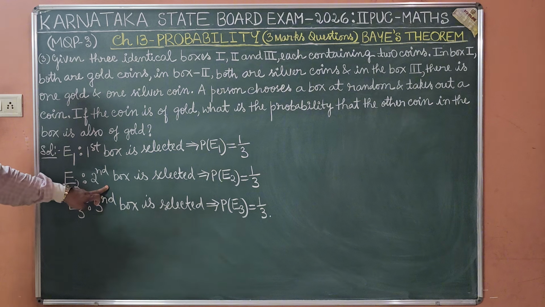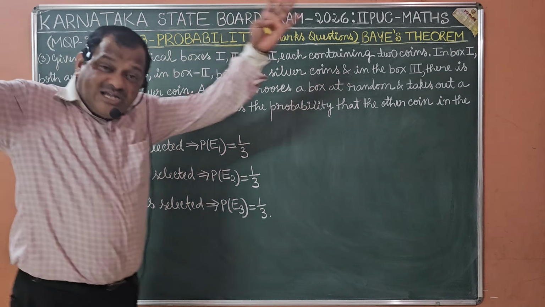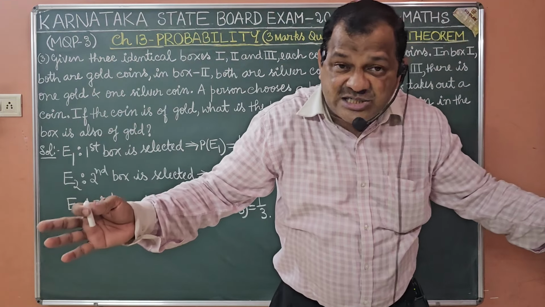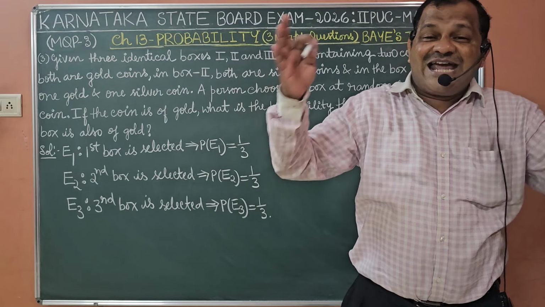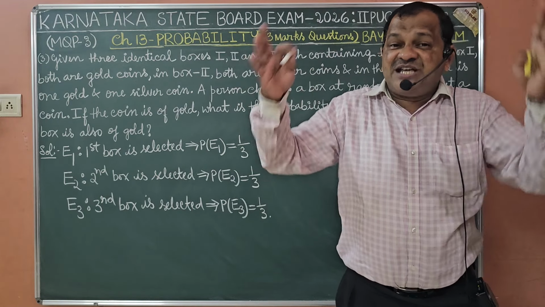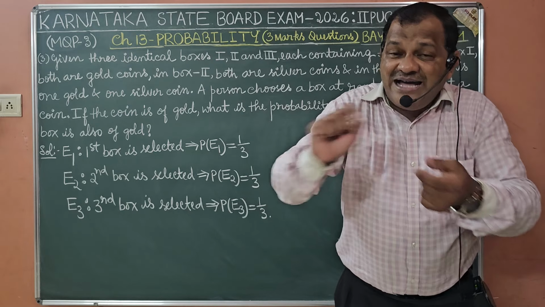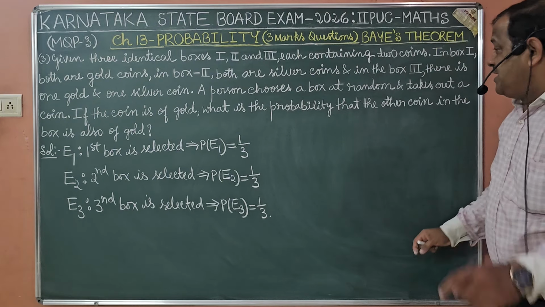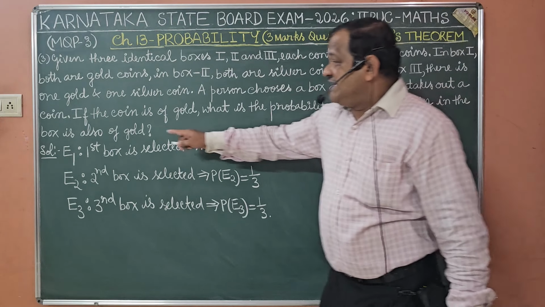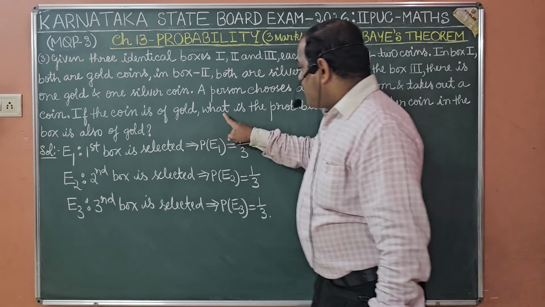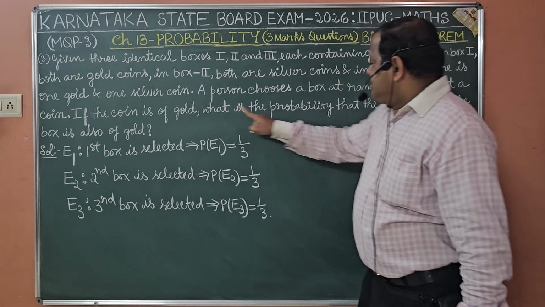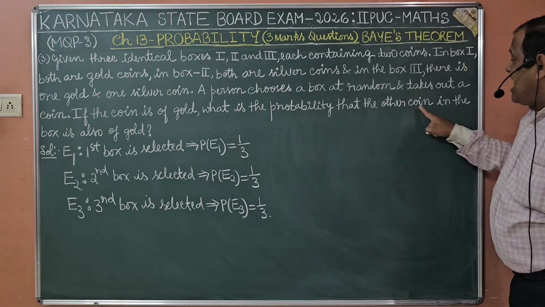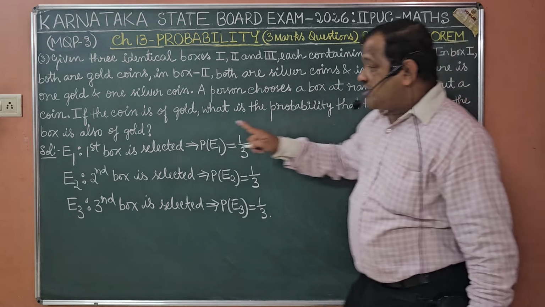Now I want to define the special event. Special event is denoted by capital A. It is the event you get by reading the last but one sentence. The last sentence is: what is the probability that the other coin in the box is also of gold?